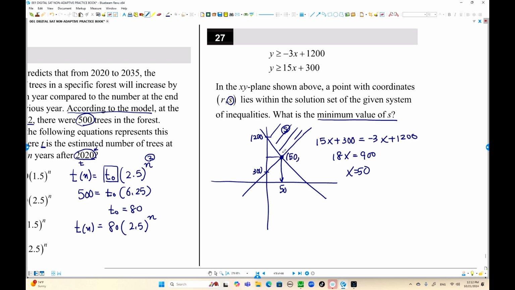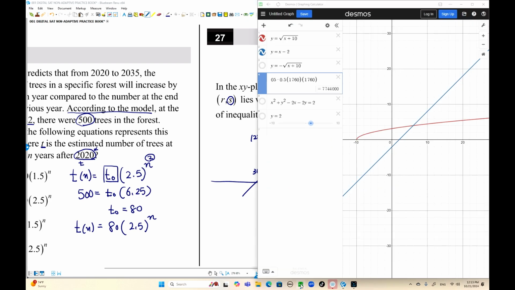That is the minimum value, because we're going to find the y coordinate. So put this number into this one or the other one. I'm going to do this one. Y equals 15 times 50 plus 300. 750 plus 300 equals 1050. That's the answer. Or you can use decimals. I think the decimals will be okay too.